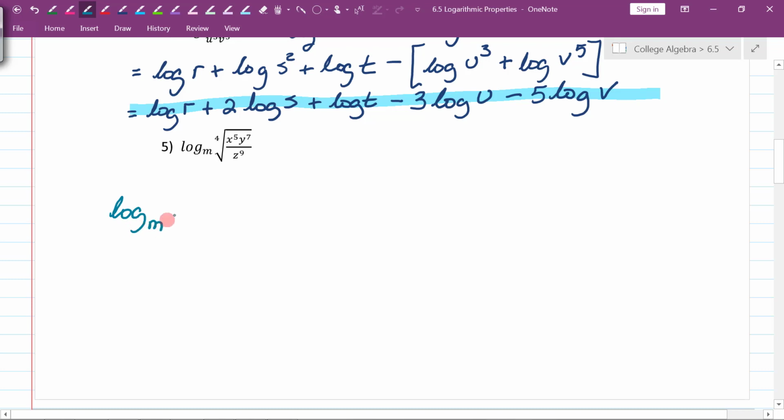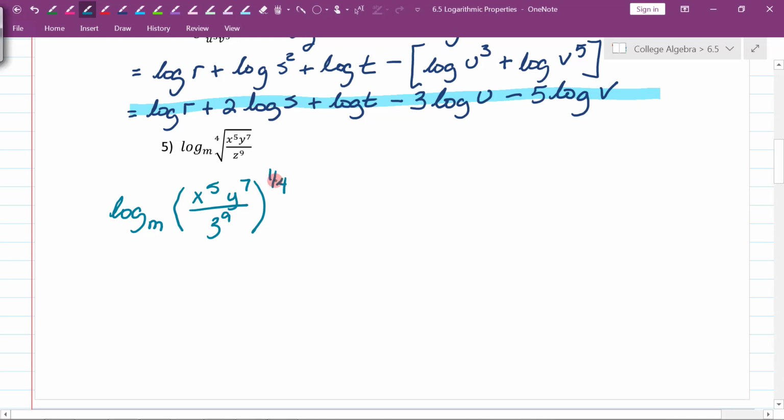Log base M, I'm going to put parentheses, I'm going to go x to the 5th, y to the 7th, divided by z to the 9th, all raised to the 1/4 power. The 4th root can be rewritten as the 1/4 power. Just like if it was the square root, I could raise it to the 1/2. If we're taking the fourth root, we're raising it to the 1/4.